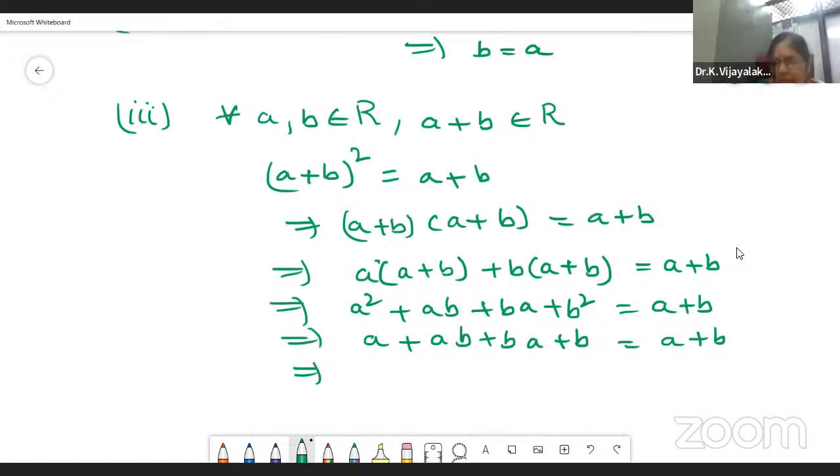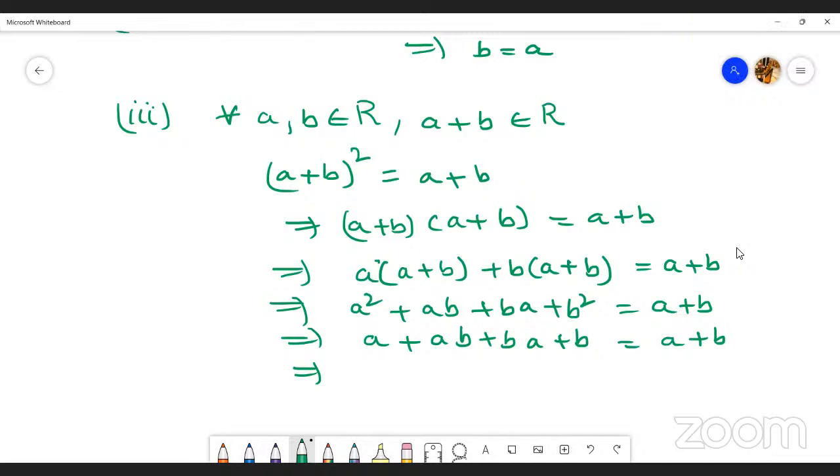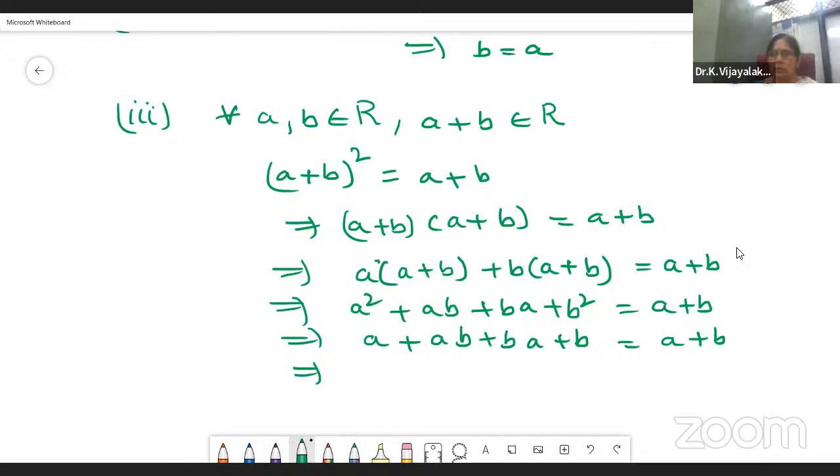So you can apply the left cancellation law now. That is the reason I told you in the beginning itself: a ring with no zero divisors satisfies cancellation laws. Here, a Boolean ring has no zero divisors, so you take the left cancellation law and the right cancellation law.